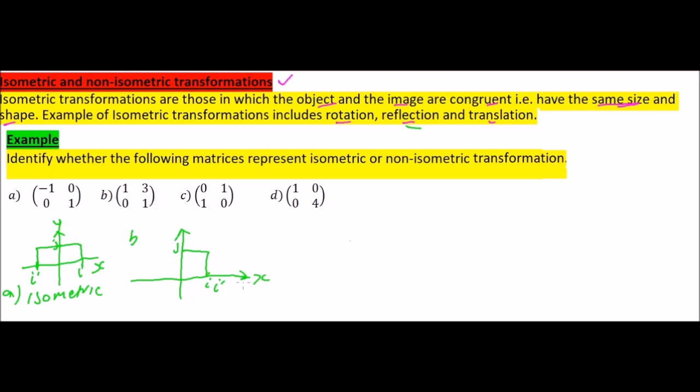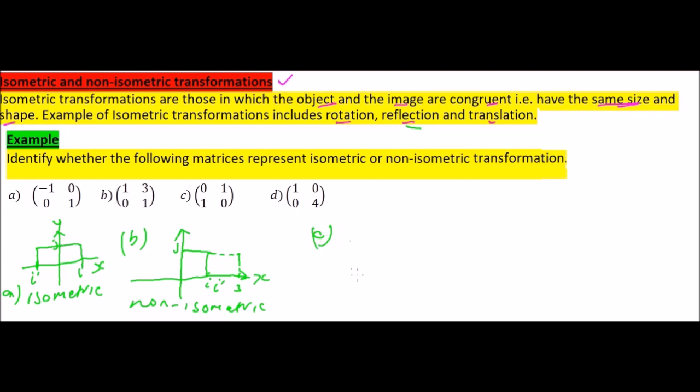Let's assume our 3 is there, and 1. So actually this represents a stretch. So B, we can conclude and say it is non-isometric, because a stretch is not isometric.